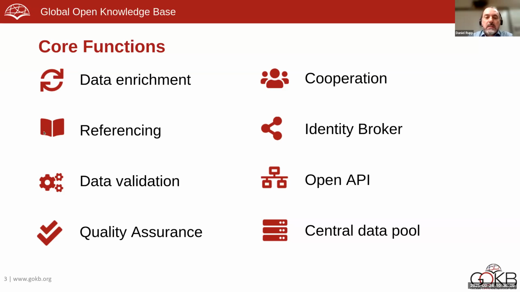The next thing is the identity of e-resources. GOKB is an identity broker. That means that we collect IDs from everywhere and link them together, so that you can identify which e-resource you finally have and how this e-resource is referenced in other systems. And all our data we give out via open APIs.